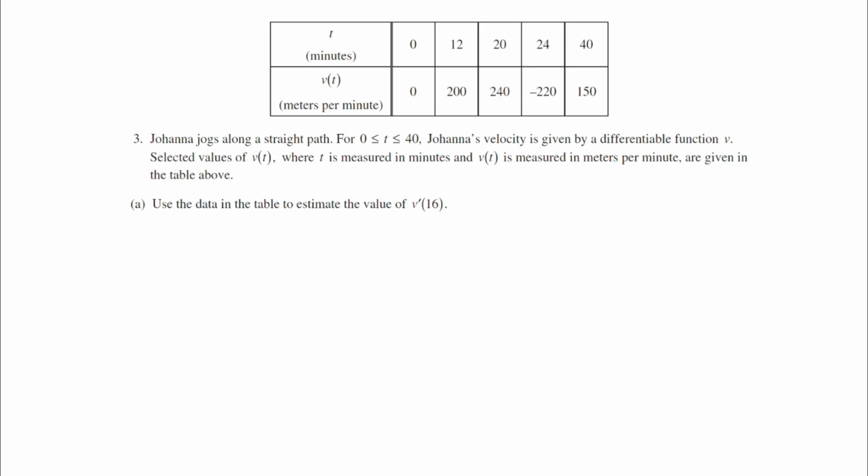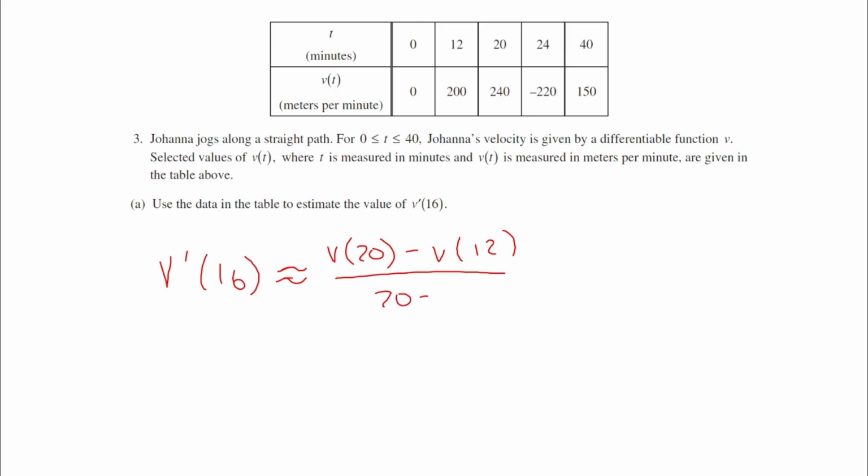The easiest way to do that will just be to find the average rate of change on the smallest interval in our chart surrounding 16. So we'll say it's approximately equal to v of 20 minus v of 12 all over 20 minus 12.